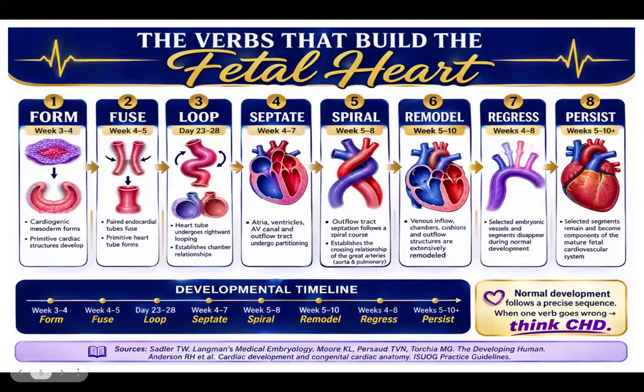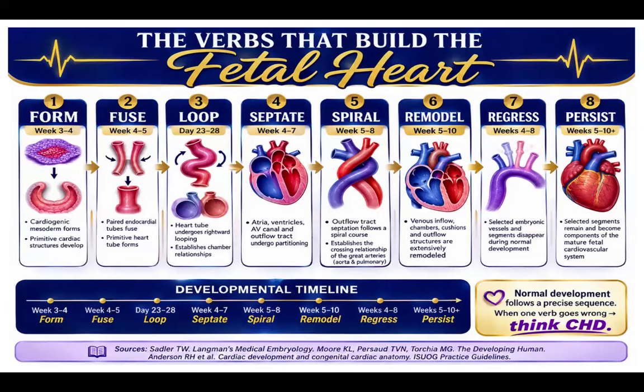All right. Now, you may hear this, especially if you ever took an embryology class dealing with heart development. You may have heard these verbs before, especially persist. A couple of our heart defects have the word persistence in them.